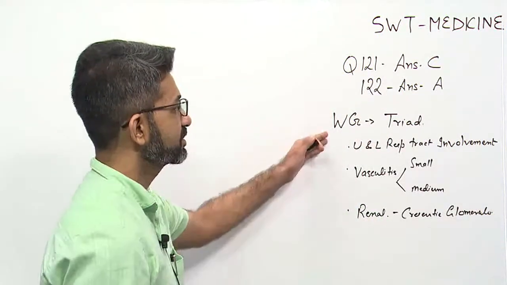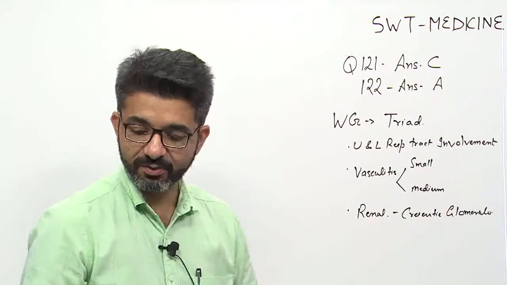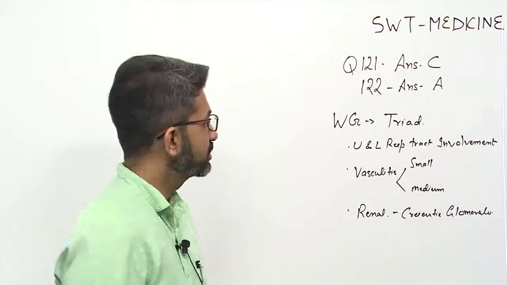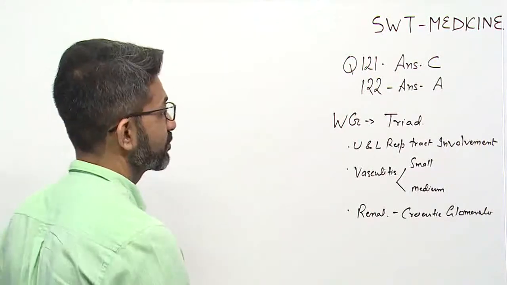So, this is a classical triad of Wegener's granulomatosis, where you have upper and lower respiratory tract involvement, vasculitis, renal crescentic glomerulonephritis.